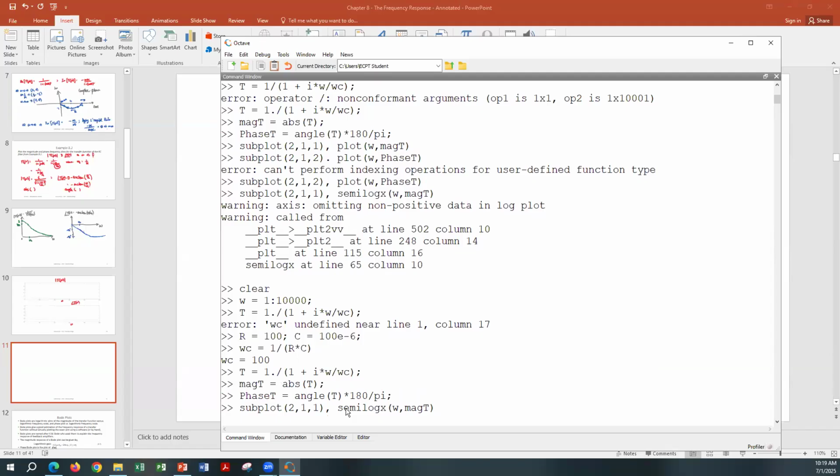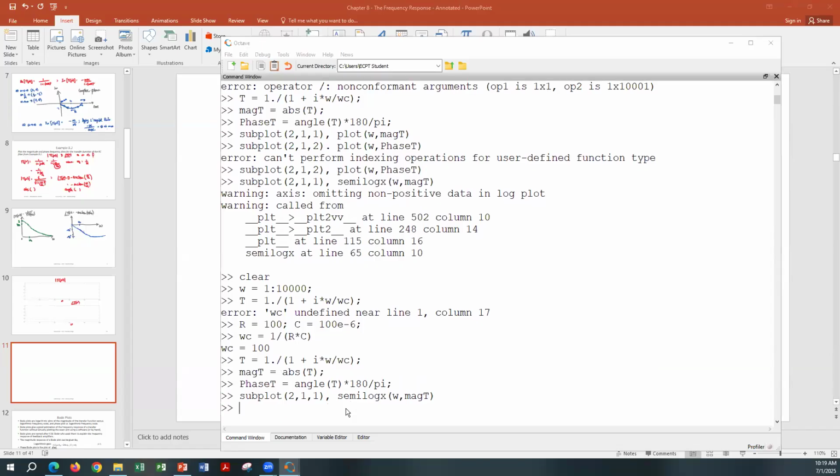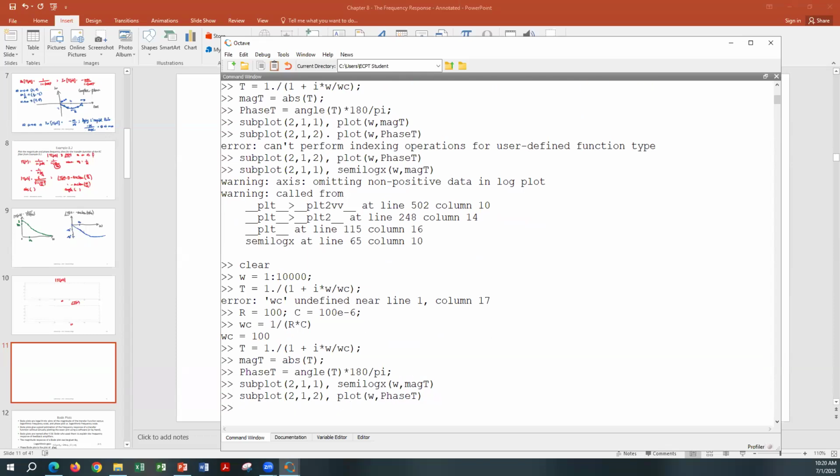Subplot, semilogx, and subplots, semilogx.